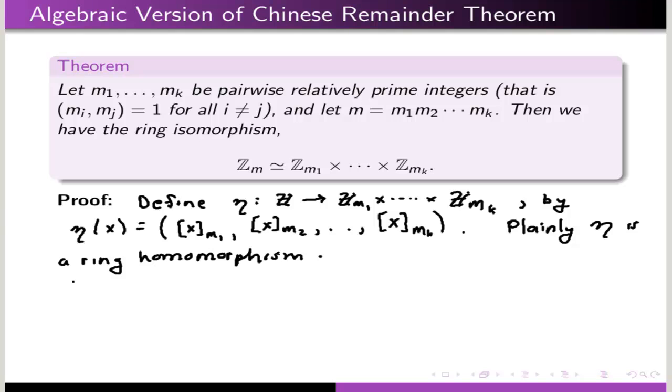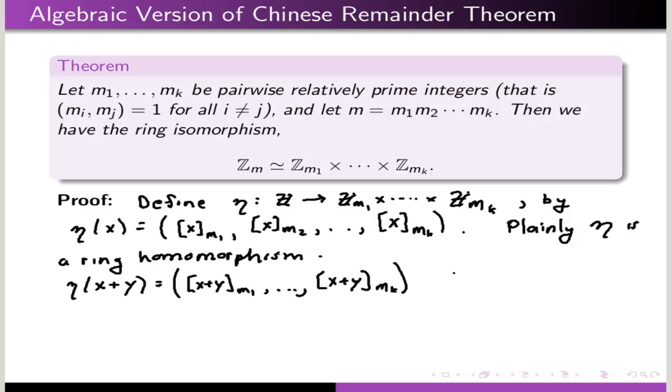Right, if you want to look at eta of x plus y, that would mean you're putting an x plus y into each one of these coordinate positions. And what's the definition of addition in the Cartesian product? So in this coordinate, this just means x mod m1 plus y mod m1 all the way down the road to x mod mk plus y mod mk.